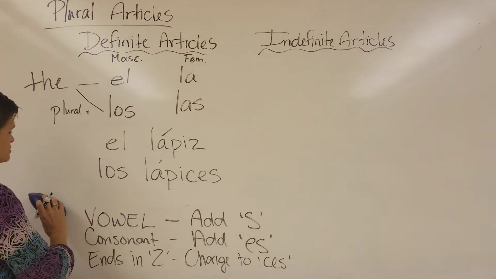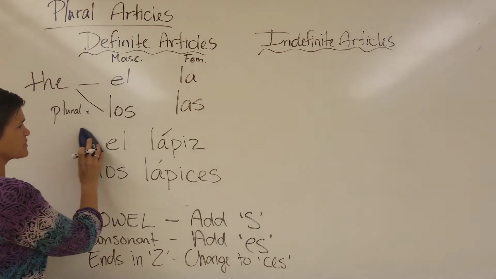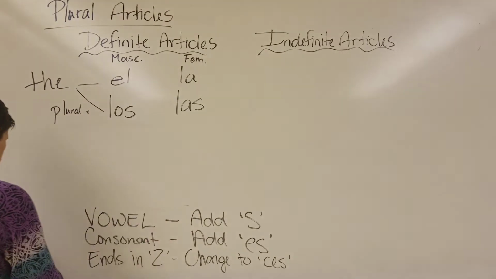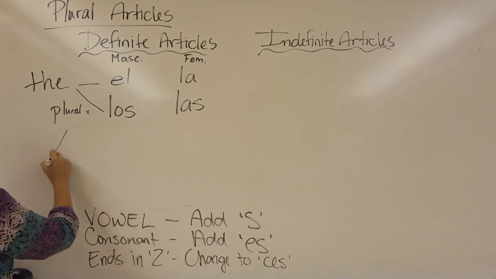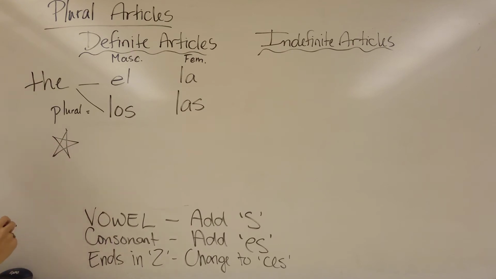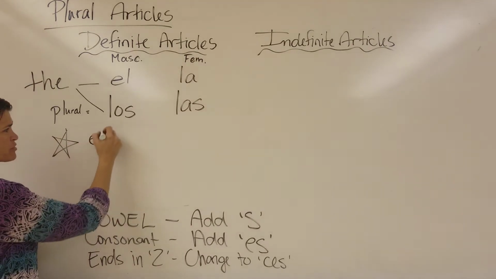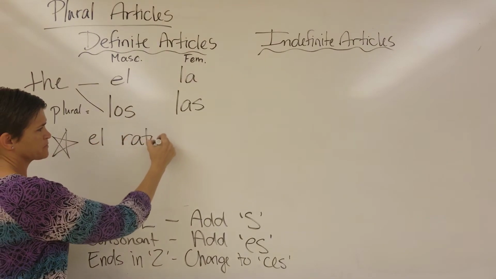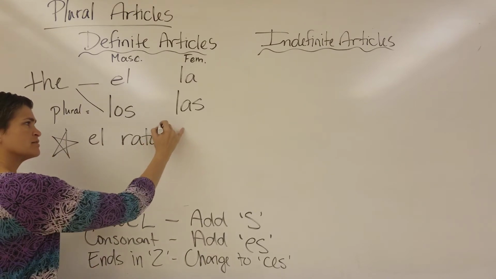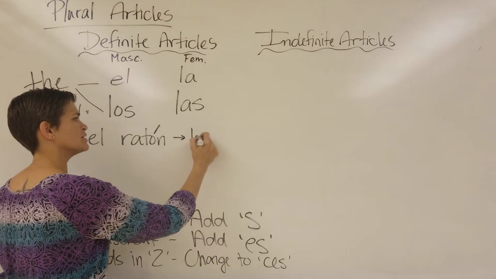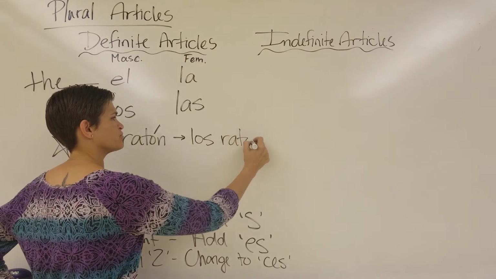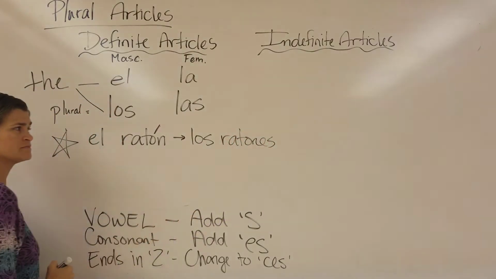There are one or two of them that are special. Put a little star there. If we have el ratón for the mouse, it has an accent on it. But when it becomes los ratones, it loses its accent.